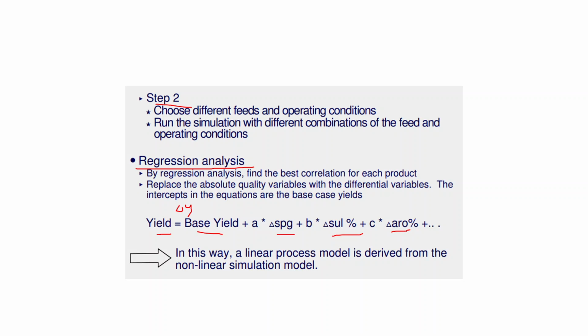But you could also say, not only the feed, I would also include the effect of operating conditions. That you can do. This is just an example where, given the current operating conditions, which you don't change, they just change the type of feed.